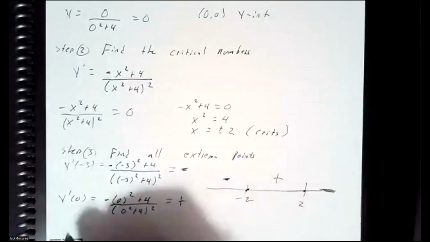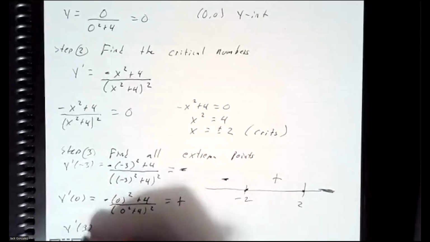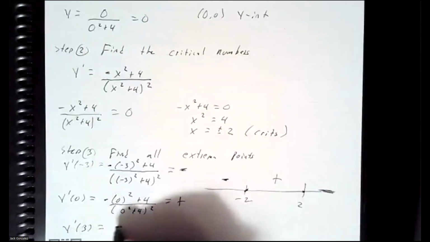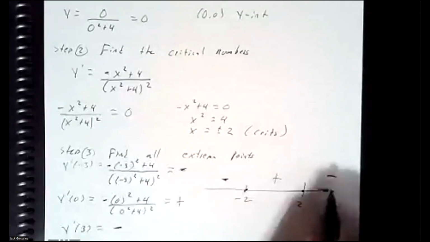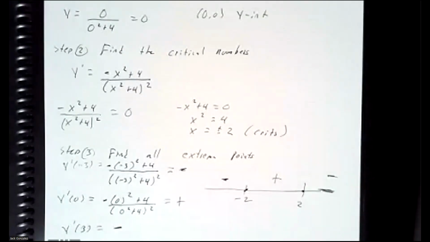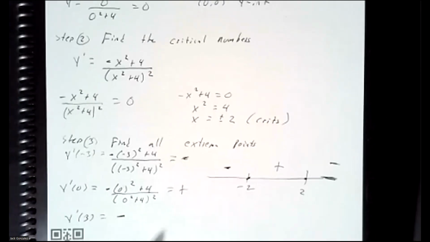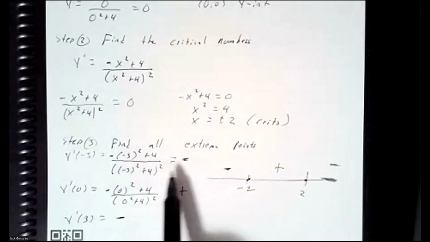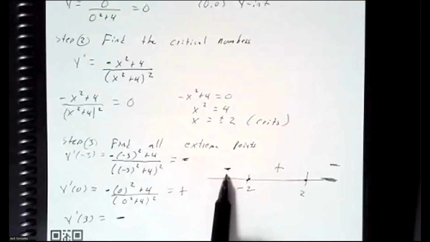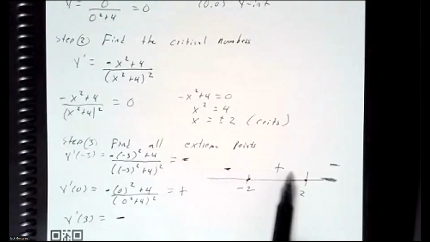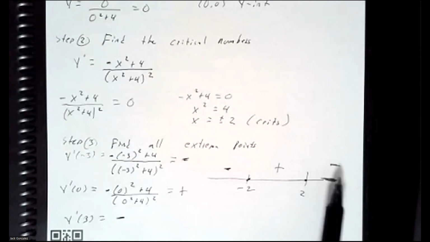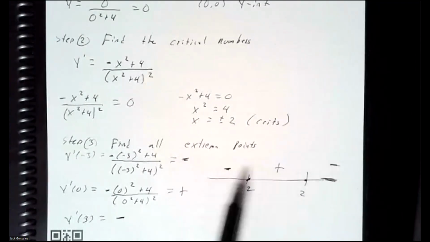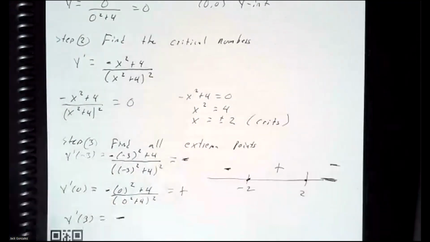It would make no difference. So negative. And if you wanted to see it, you would just plug them in. Put it in your calculator. If it's negative, you're negative in this interval. If it's positive, we're positive. We're negative over here. But this is what it's going to be. Okay.